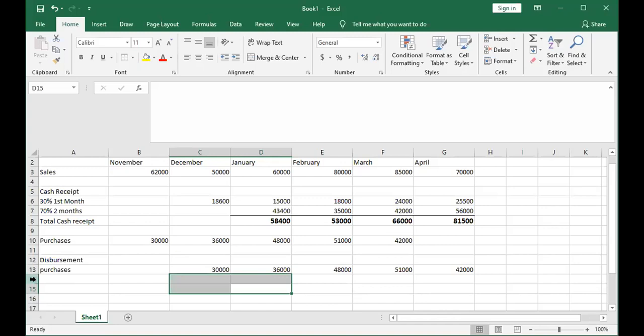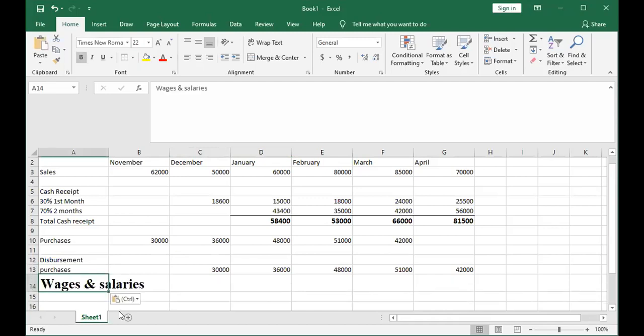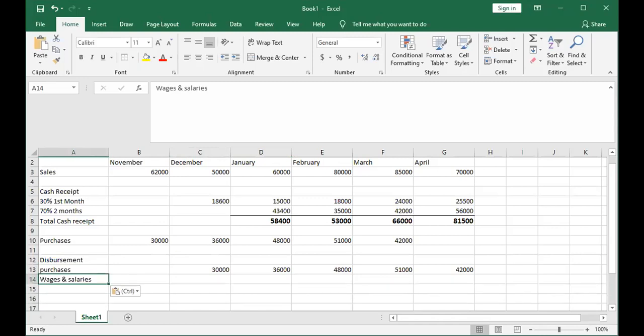So continue with the disbursement. The first disbursement is purchases. Second, the expenses are wages and salaries. Next is rent and other expenses. You just copy paste from the question.